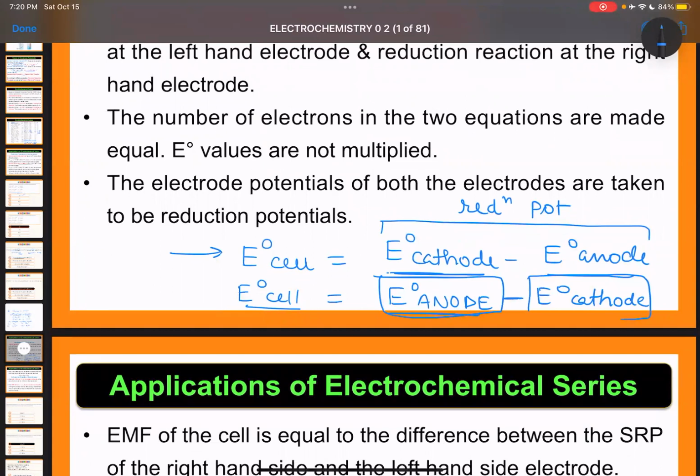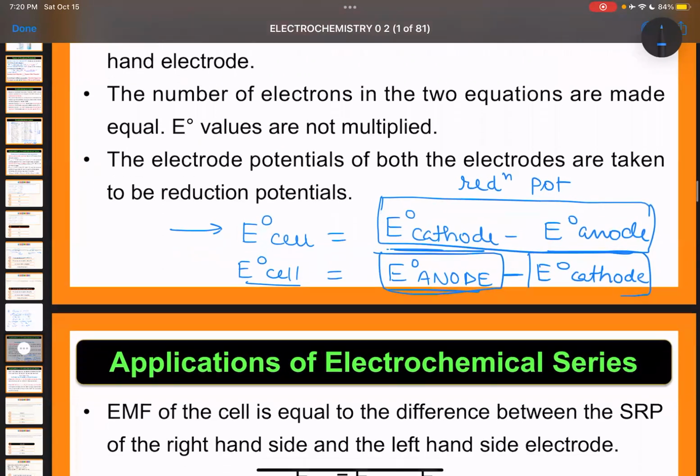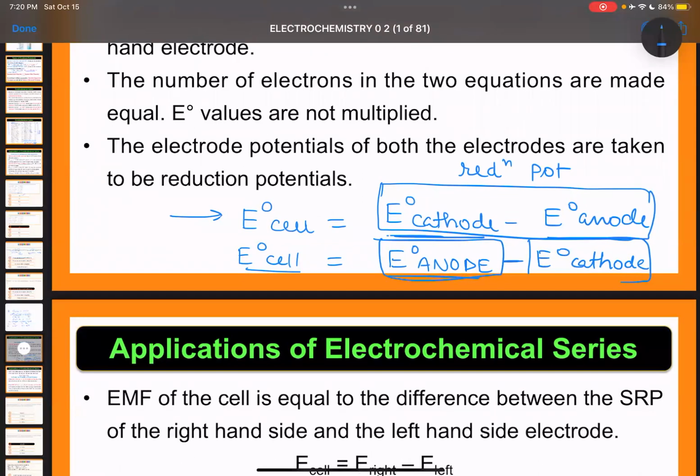If they are reduction potentials, take the electrode where reduction is happening minus the electrode where oxidation is happening. If you are taking oxidation potentials, write the oxidation potential first minus the oxidation potential of the electrode where reduction is happening. Or there is one more formula, where you write the reduction potential of the cathode plus the oxidation potential of the anode.